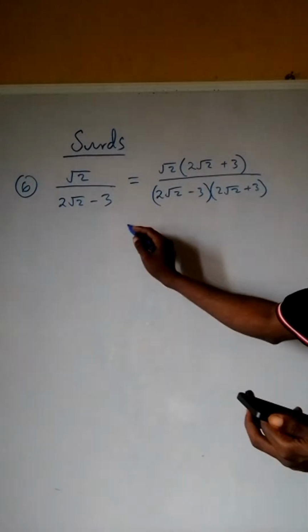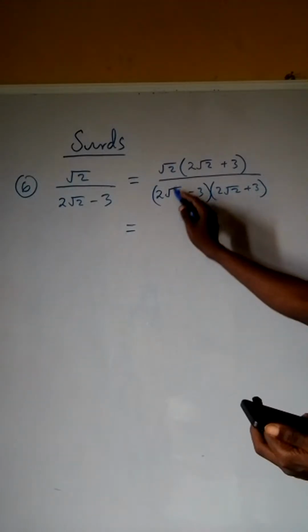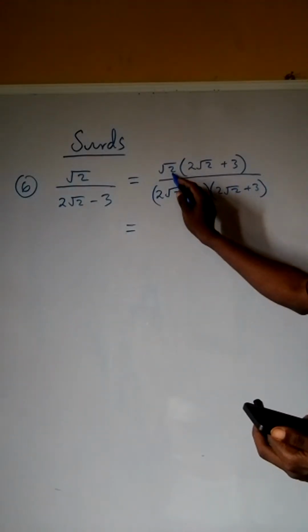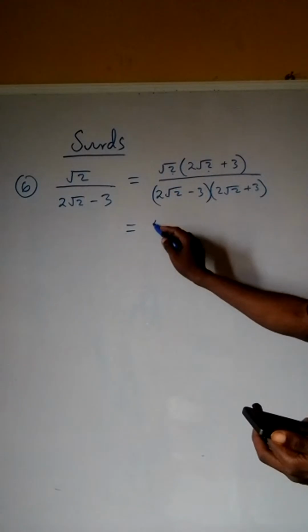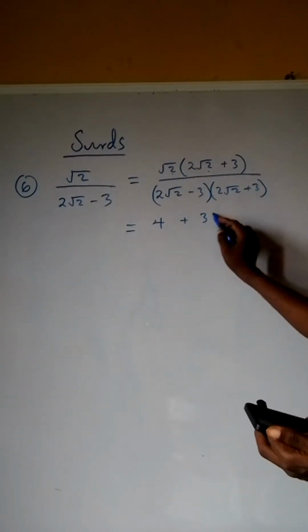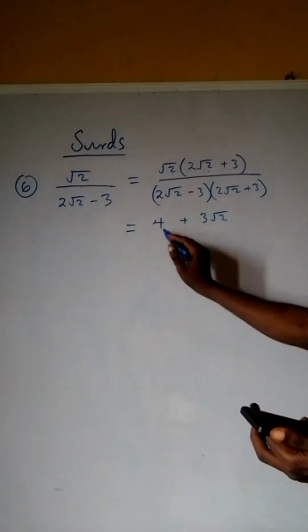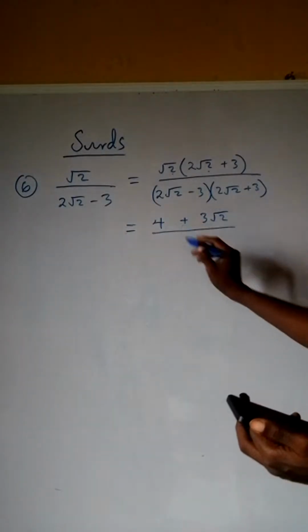Then when we expand from here, root 2 open this bracket, and this becomes root 2 times root 2, that's 2, 2 times 2, that's 4, and plus root 2 times 3, that's 3 root 2, which is divided by, this also follows difference of two squares.